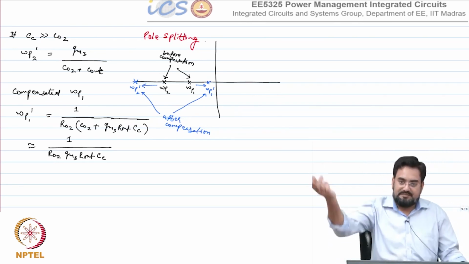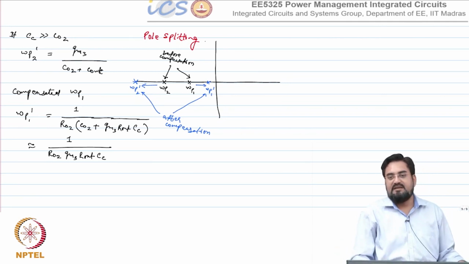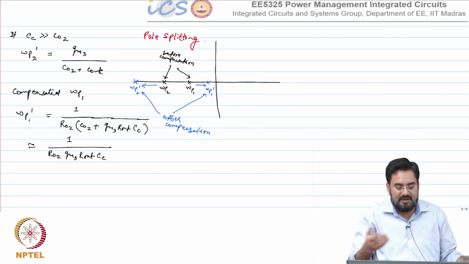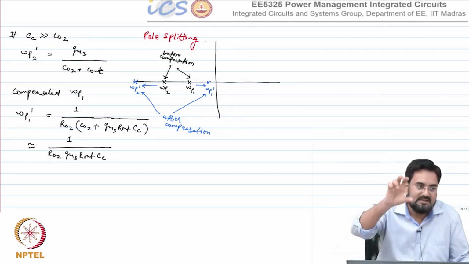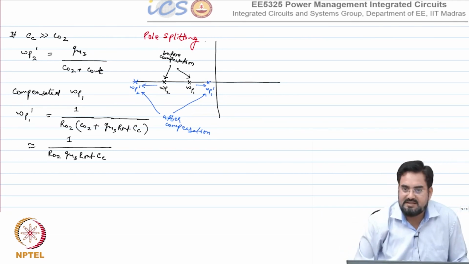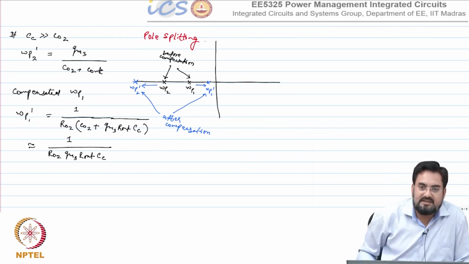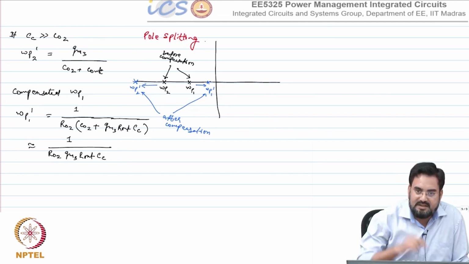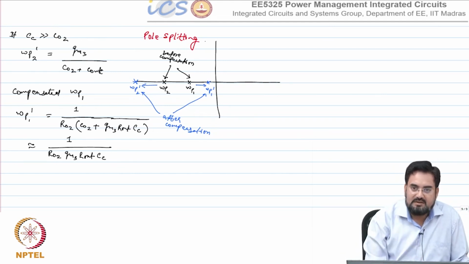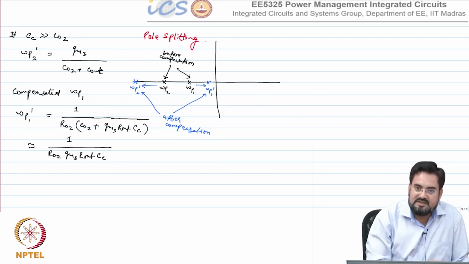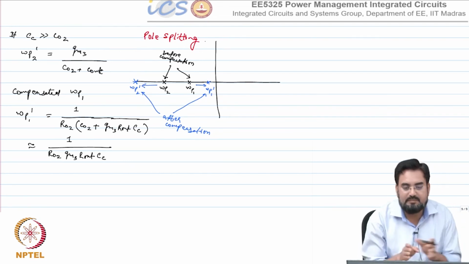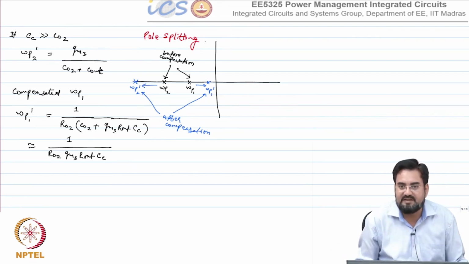So if you remember the previous case, when we didn't have Miller compensation, the normal dominant pole compensation, where you add the capacitor at the output of your first stage, your second pole is not moving, it remains fixed. But now, along with your first pole moving to a lower frequency, the second pole is moving to a higher frequency.